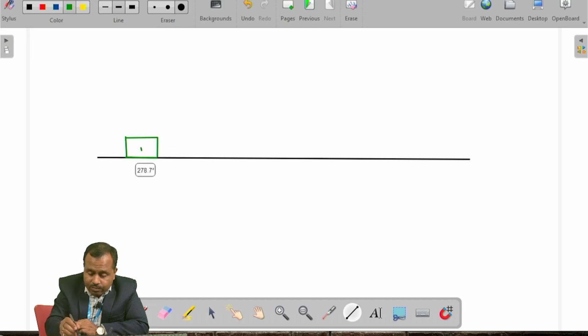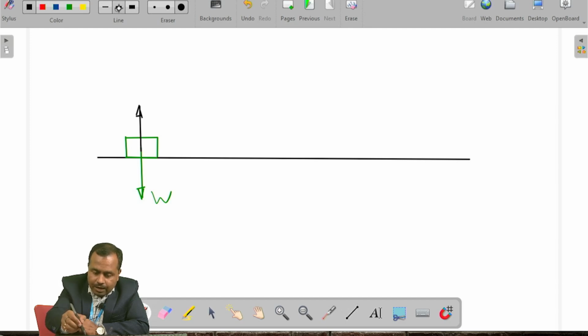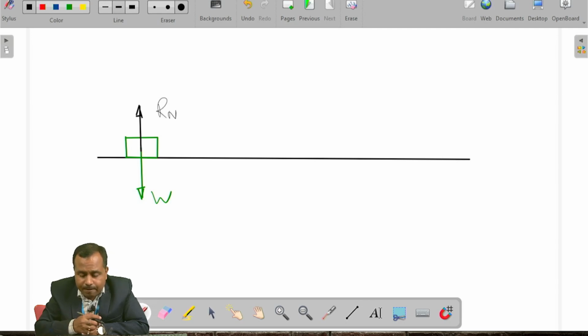The weight of the object is again W, which acts in the vertically downward side. As I have already said, the flat surface is going to apply a reaction of magnitude Rn. Consider Rn is the reaction offered by the plane.